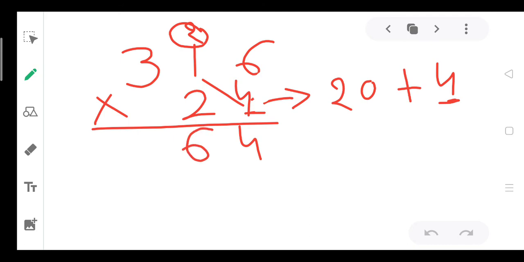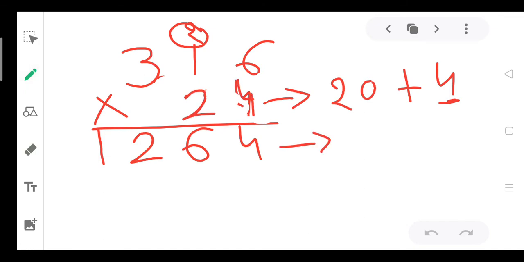It becomes 4 plus 2, 6. And next read the table of 4 up to 3: 4 3s are 12, 2 and 1. Now the ones place digit multiplication is over. We have multiplied 316 by 4.